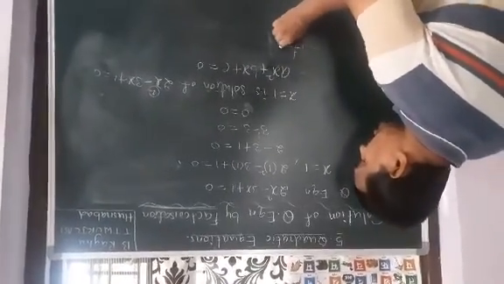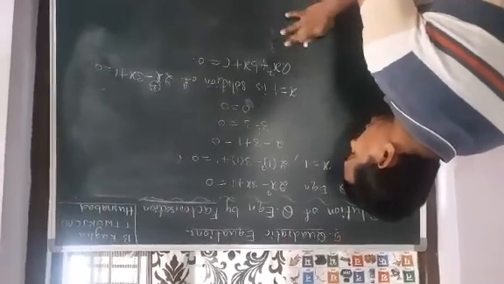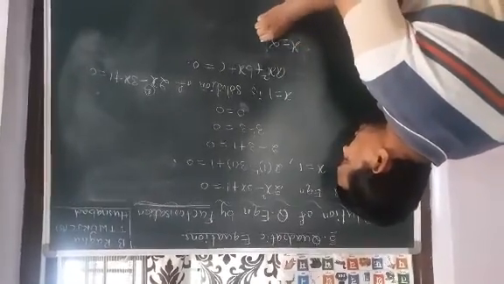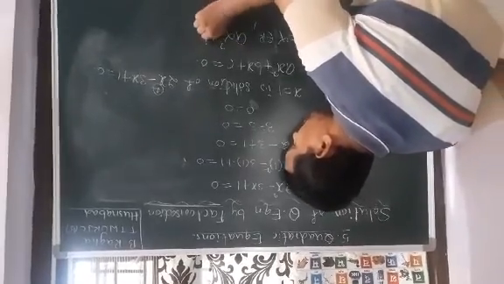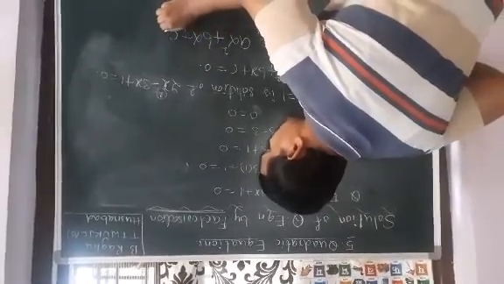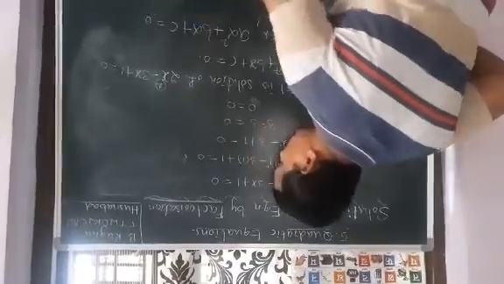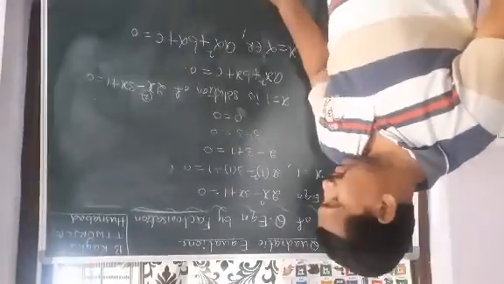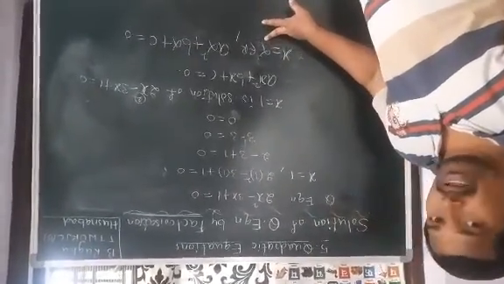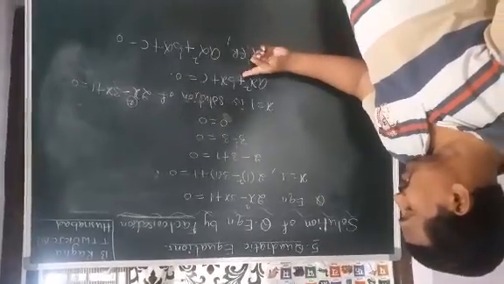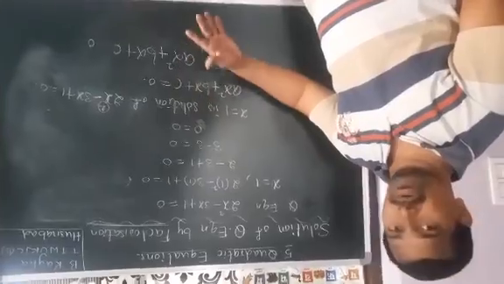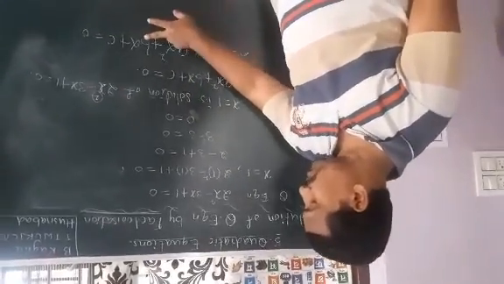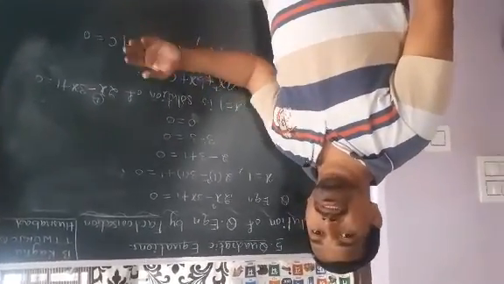So if x equal to alpha, alpha any real number, a alpha square plus b alpha plus c equal to 0. Are you getting? So x equal to alpha. If you substitute alpha in the quadratic equation, this left side value gives 0, that means a alpha square plus b alpha plus c value is 0.